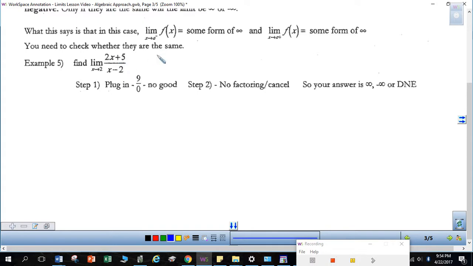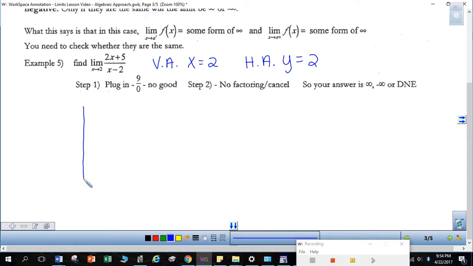It's a rational function. We know that there's going to be a vertical asymptote at x equals 2, and there will be a horizontal asymptote at y equals 2. So the degree of the top is the same as the degree of the bottom. So the horizontal asymptote equation is y equals a over b, the ratio of the leading coefficients, 2 over 1.